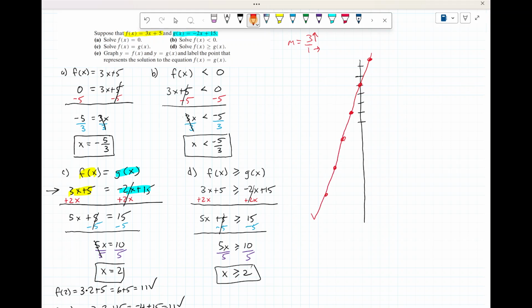I notice that I mistakenly got rid of my x-axis. I think it was probably here. Let me make sure that's right. That is correct. Okay.